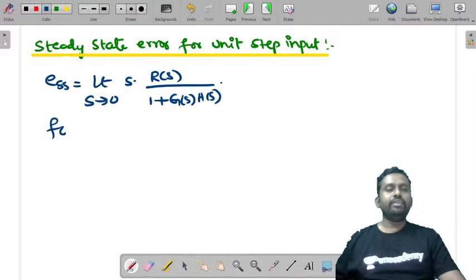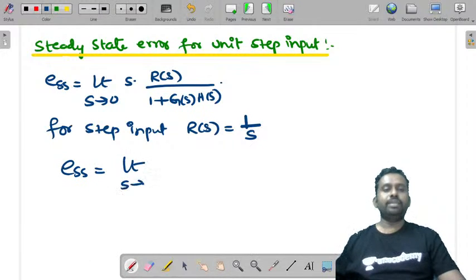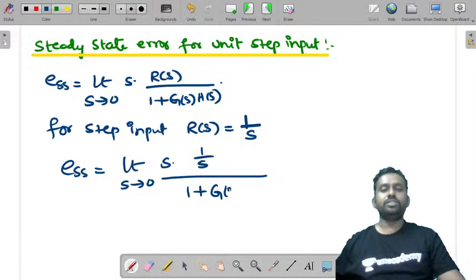Now, for step input, what is the value of R of s? R of s is equal to 1 by s. So substitute the same here. So ESS is equal to limit s tends to 0 of s into 1 by s, by 1 plus G of s into H of s.